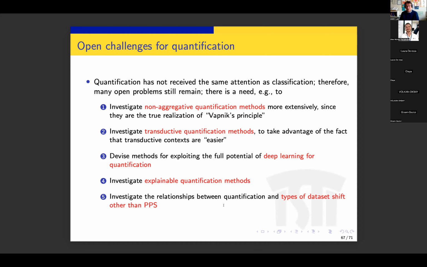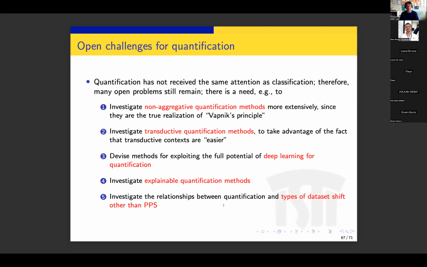Because of this, in classification, transductive classification methods have been proposed, but in quantification too there are many tasks which have a transductive character. Say, a customer might give you a very large data set and ask you to investigate class distributions on that data set only.